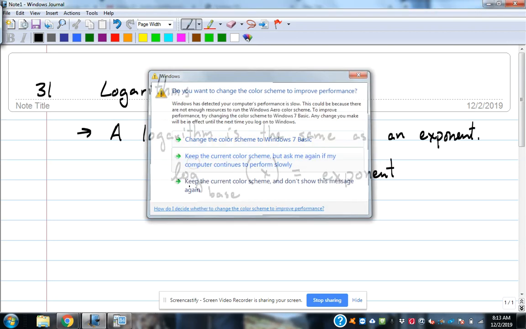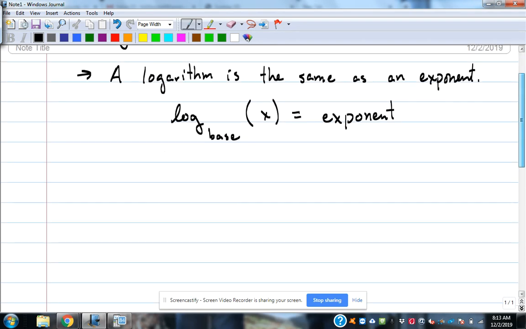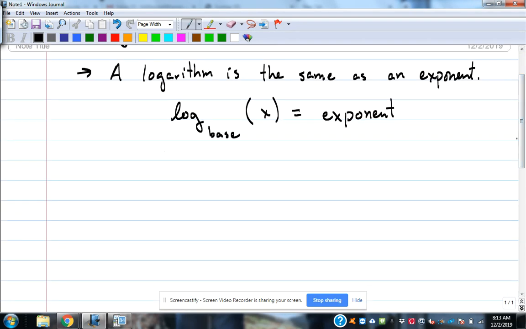All right, so the first thing that we want to do is take a logarithm and rewrite it as an exponential. So we're going to write the logarithm as an exponential.